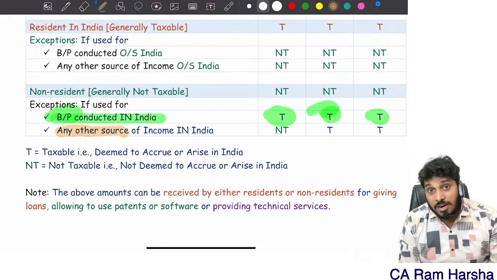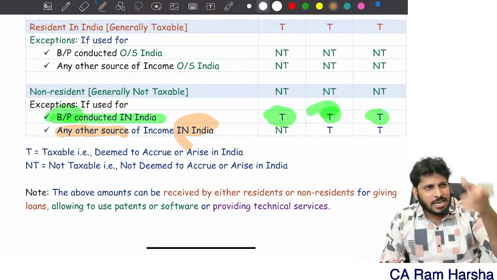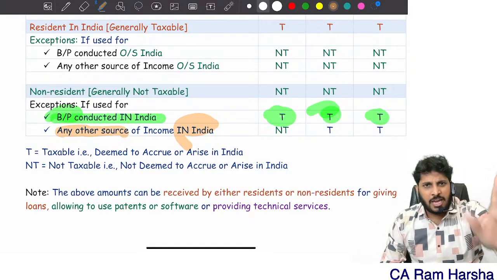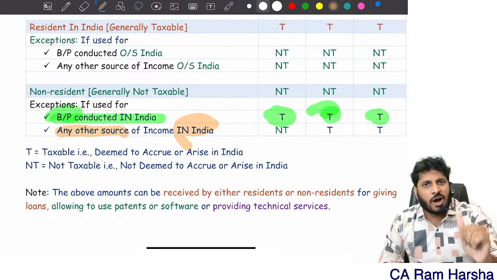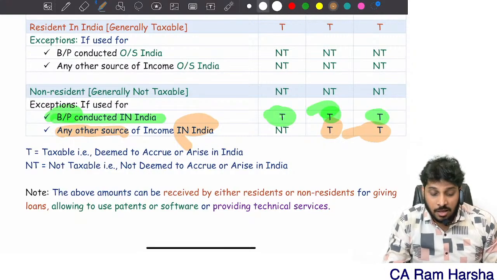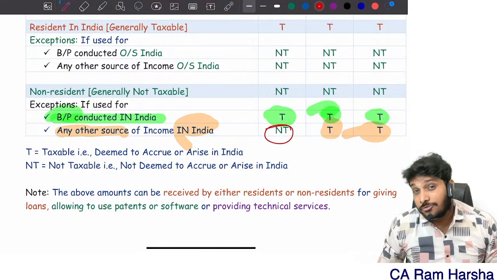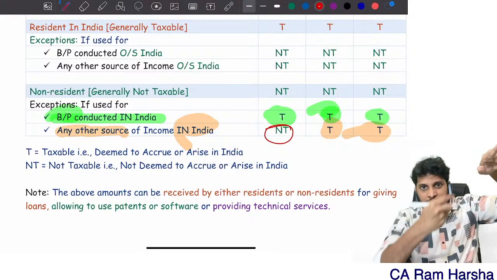Suppose it is used for another purpose in India only, a non-resident foreigner is paying me interest, fees, royalty for something he is using in India, obviously taxable. For interest alone, suppose I gave a loan to a non-resident and he is paying me interest.